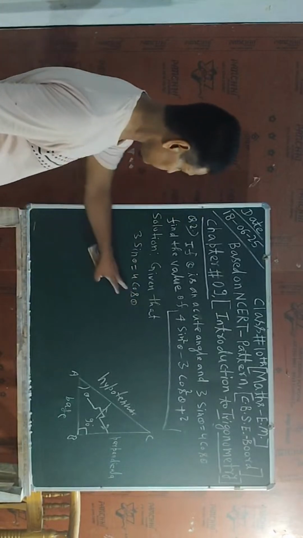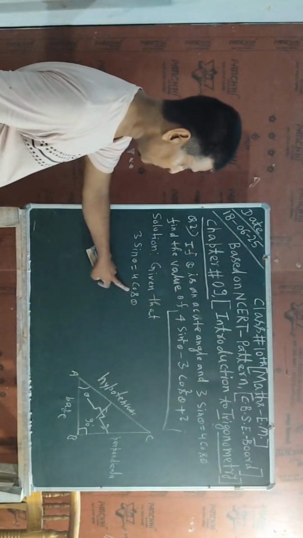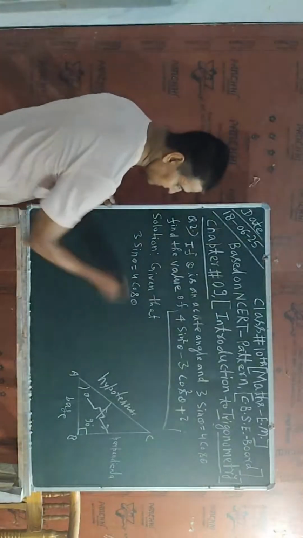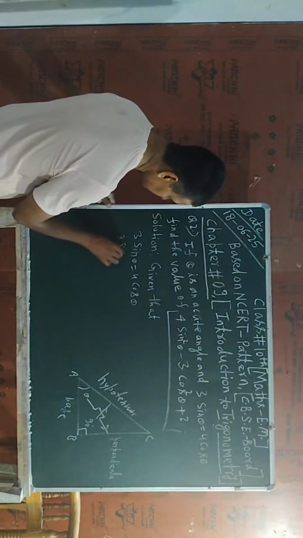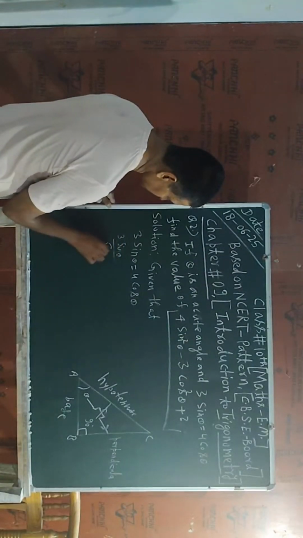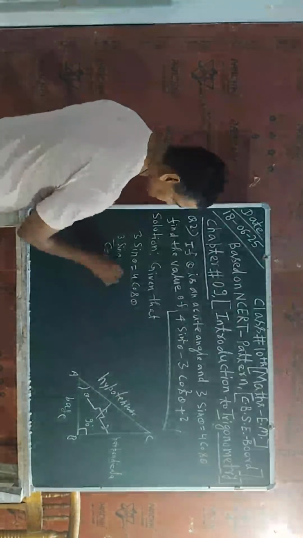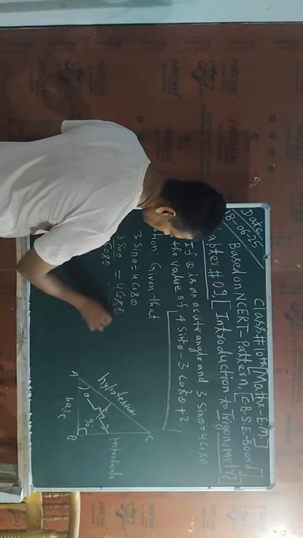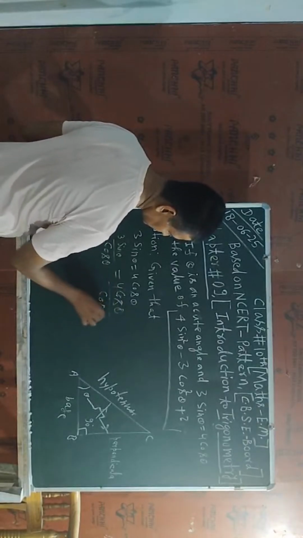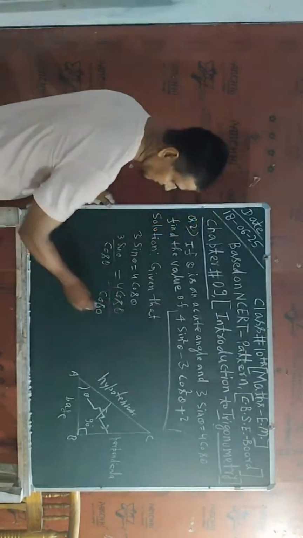Now I will divide by cos theta on both sides of this expression. So I put sin theta divided by cos theta on the left, and on the right cos theta divided by cos theta, because I am dividing on both sides.